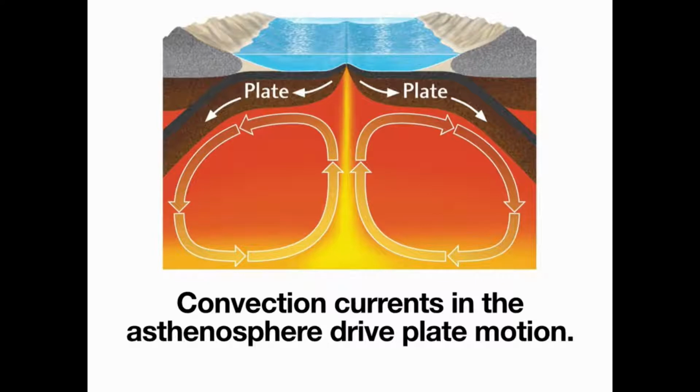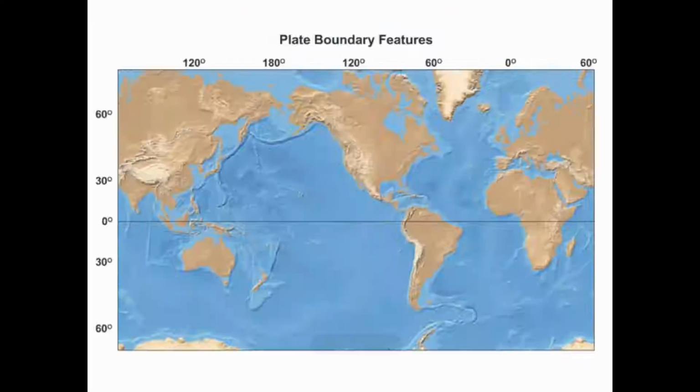Those end up being the machine, the force that is driving the motion of the plates. So in this diagram, we have a type of boundary called a divergent boundary where the plates are literally being ripped apart by the movement of the convection beneath. Keep in mind this convection takes place in the asthenosphere, right below the lithosphere.